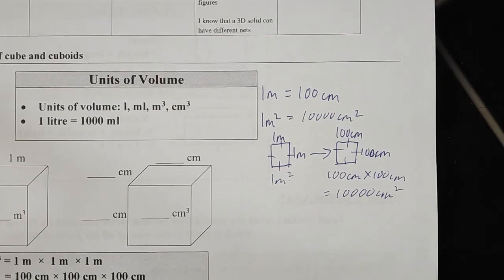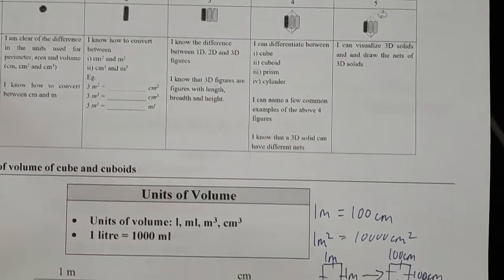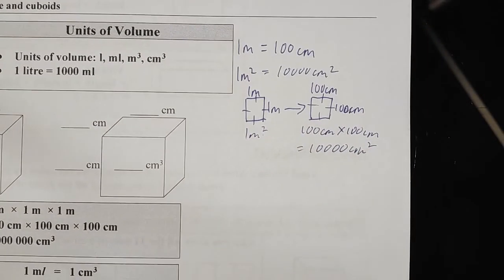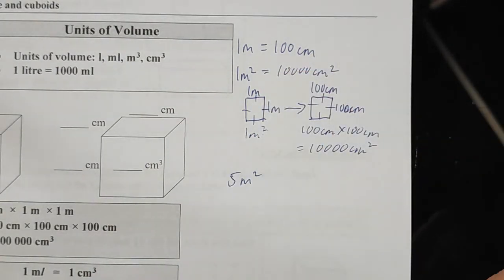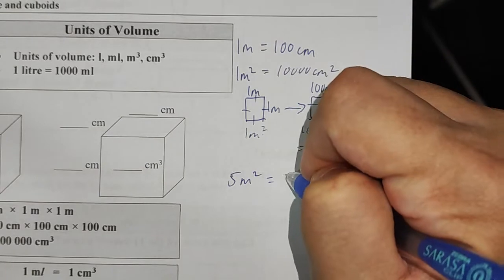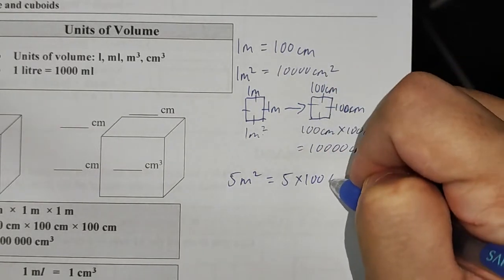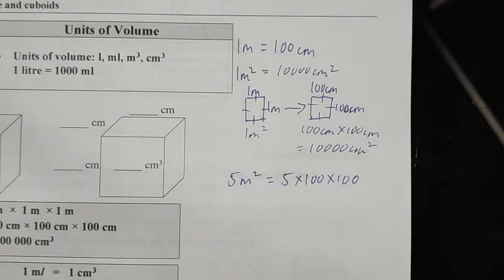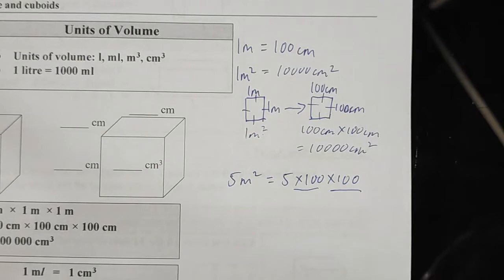So let us go back to the objective here. 5 meter square is equivalent to how many centimeter square? If I want to convert to centimeter square, it will be 5 times 100, multiplied by another 100. I multiply 2 times because it is meter square.